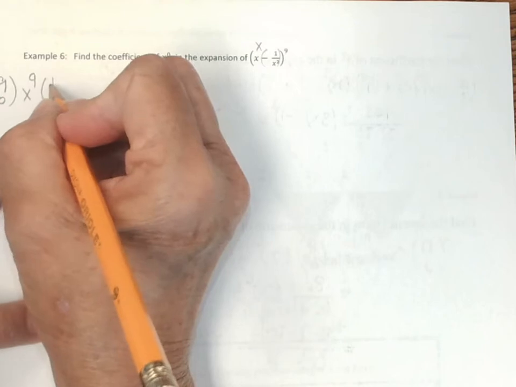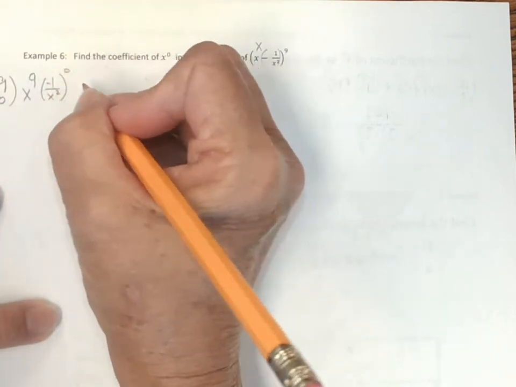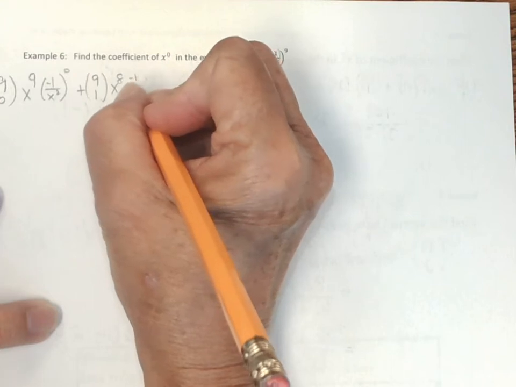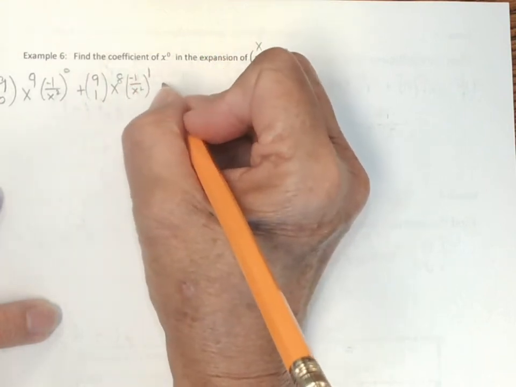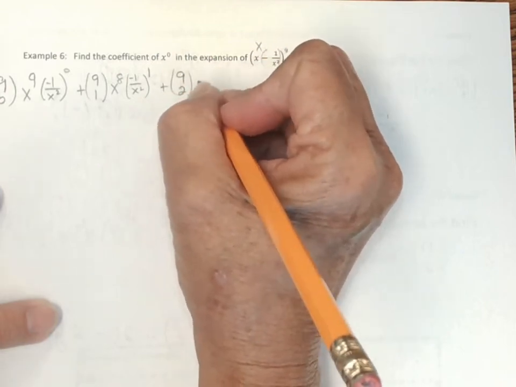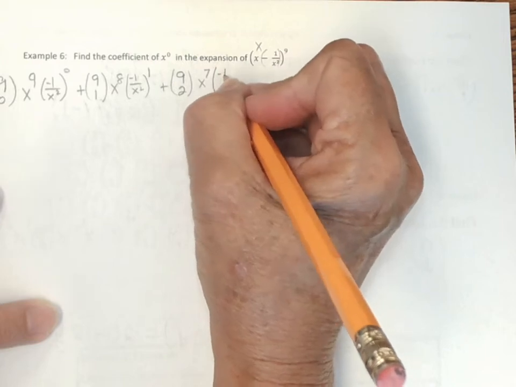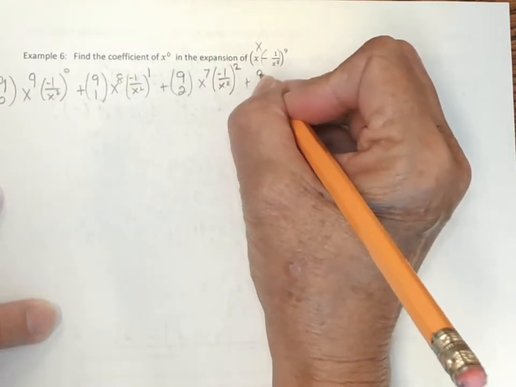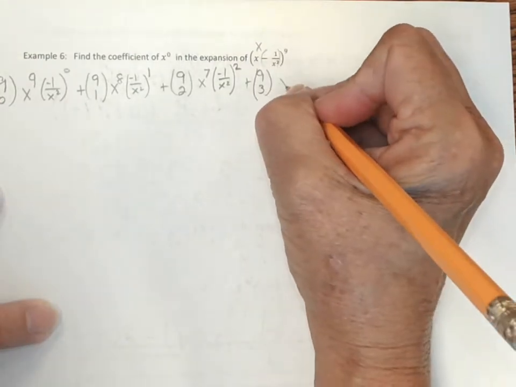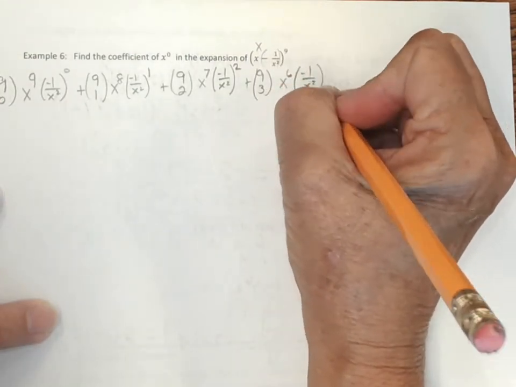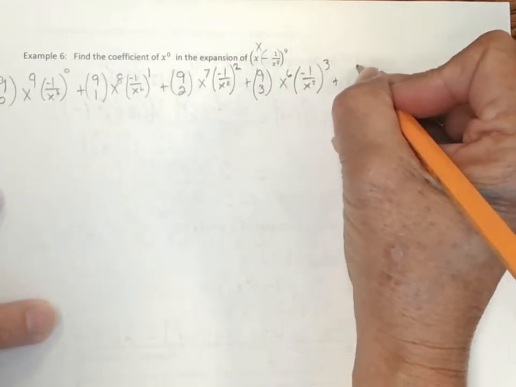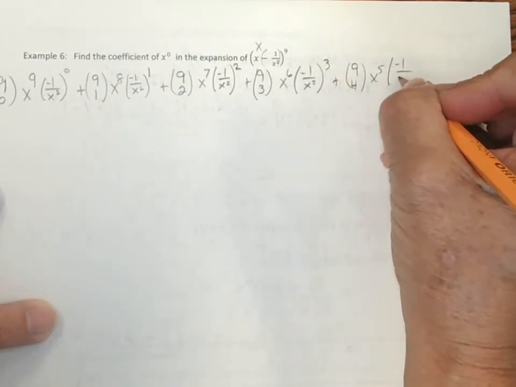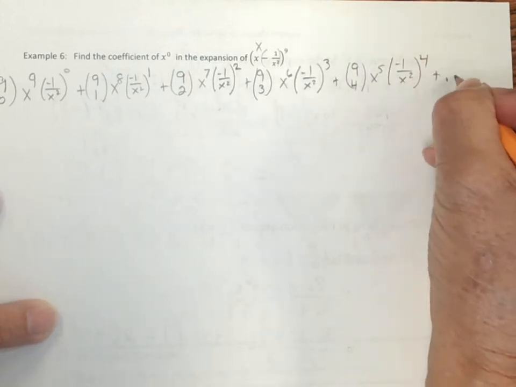My a value, negative 1 over x squared to the 0, plus 9 taking 1 at a time of x to the 8th, negative 1 over x squared to the 1st power, plus 9 taking 2 of x to the 7th, multiplied by negative 1 over x squared, plus 9 taking 3 at a time of x to the 6th multiplied by negative 1 over x squared to the 3rd power, plus 9 taking 4 multiplied by x to the 5th, negative 1 over x squared to the 4th, plus dot, dot, dot.